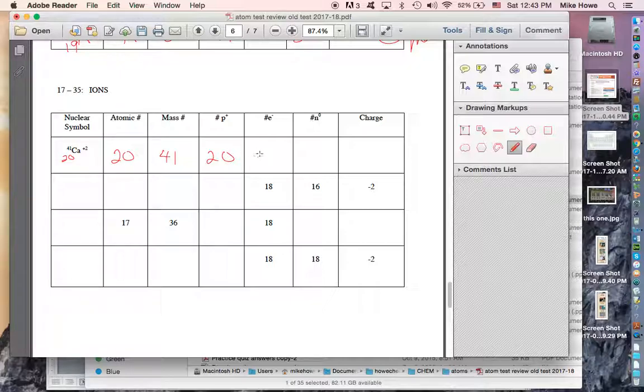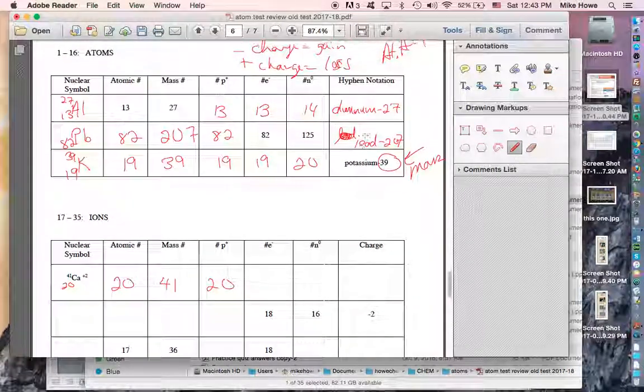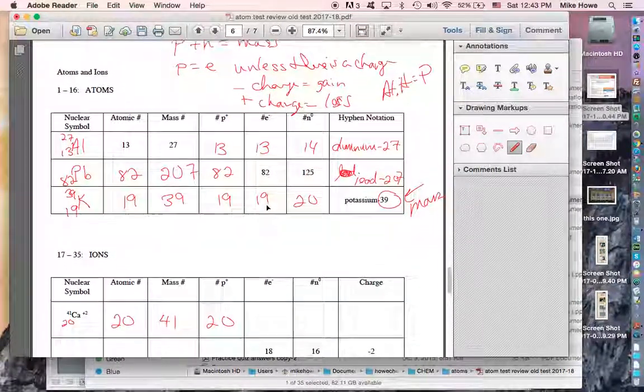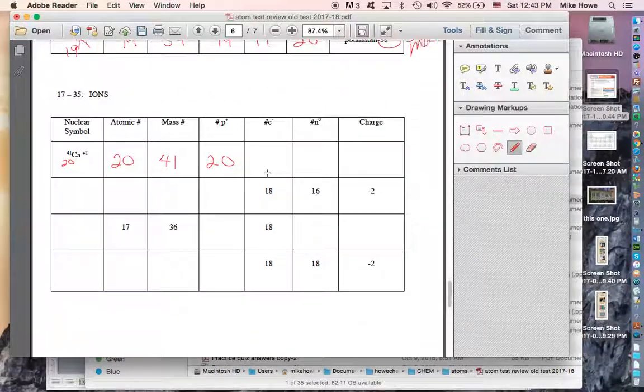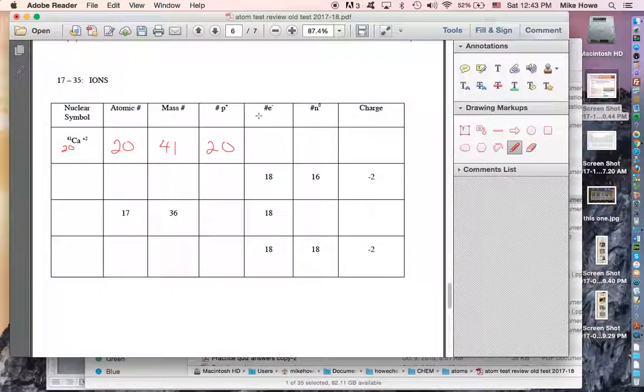So there would normally be 20 electrons, but there is a charge here of positive 2. If you remember up the top, we said that positive charge equals loss. So if you've got a positive 2 charge, it means you've lost 2 of them, and I had to put an 18 in here. And that's plus 2. The neutrons: protons plus neutrons equals mass. Since the mass is 41, 41 minus 20 is 21.